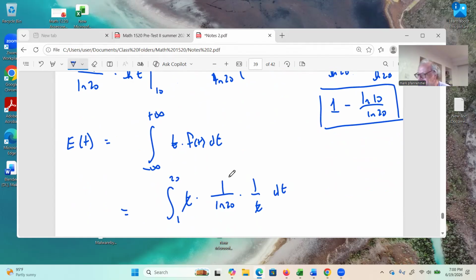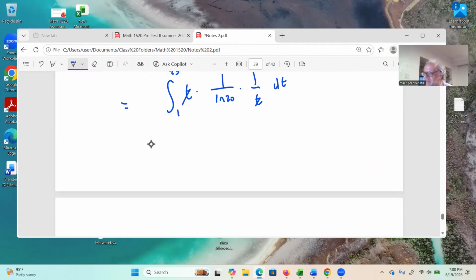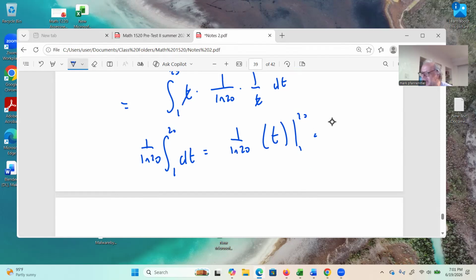So all we have to do is integrate 1 over natural log 20 from 1 to 20 of dt. That's a physics integral if I ever saw one. So we have 1 over natural log of 20 times t, going from 1 to 20. We end up with 20 minus 1 all over natural log of 20.